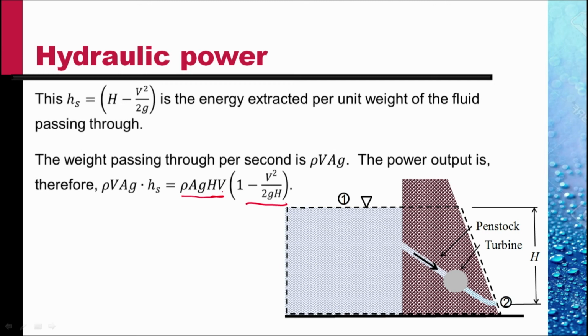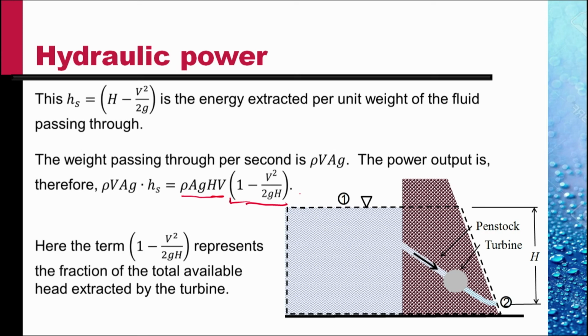When V is equal to under root 2gH, that is, all the head from the reservoir is now available as a kinetic head, that is, no head is being extracted, then this term becomes 0. So there must be a maxima somewhere in between.